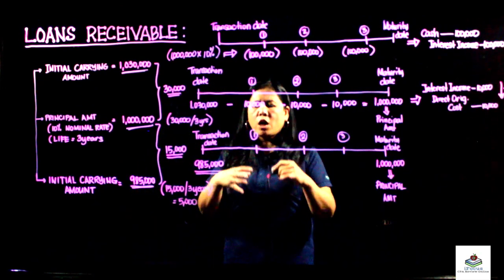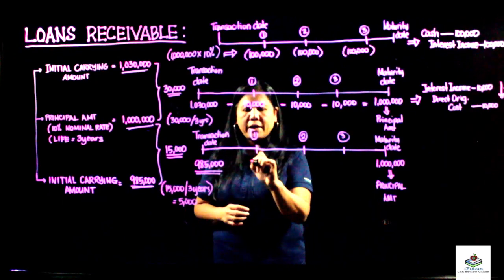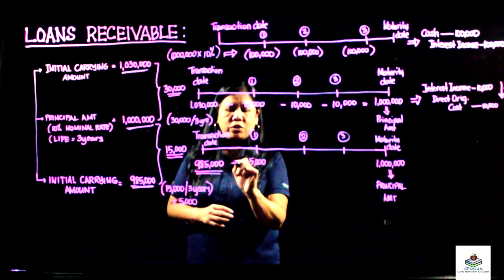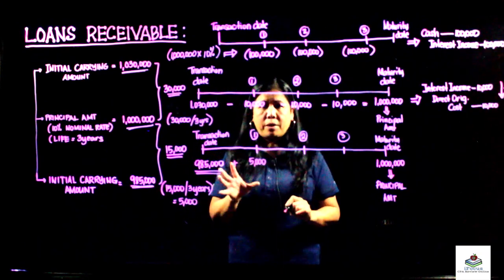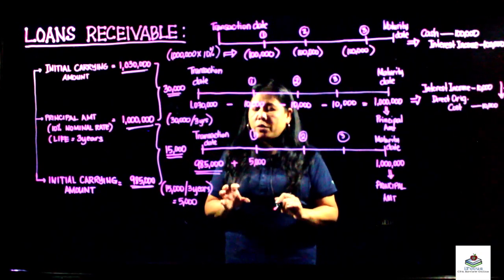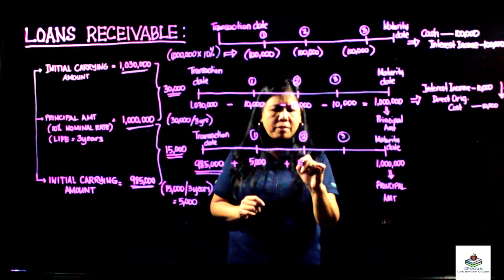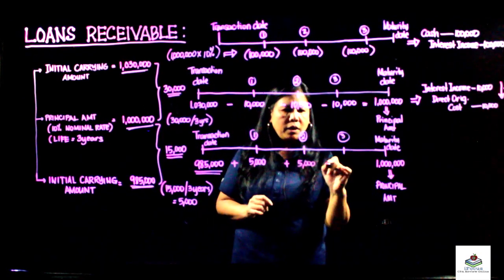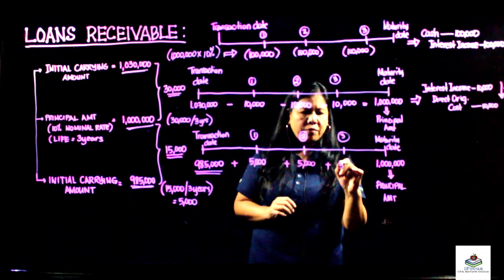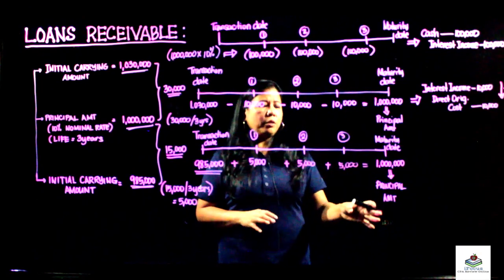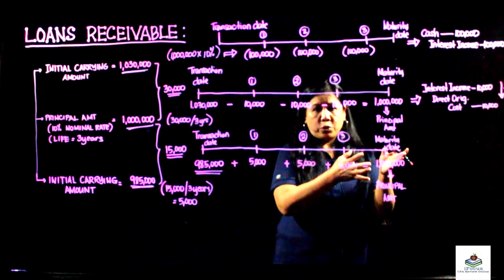On the first year we will amortize 5,000, but this will be an addition to the initial carrying amount of the loans receivable. Then on the second year we will have 5,000 amortization, and on the third year 5,000 to equal the 1 million principal amount on the maturity date.